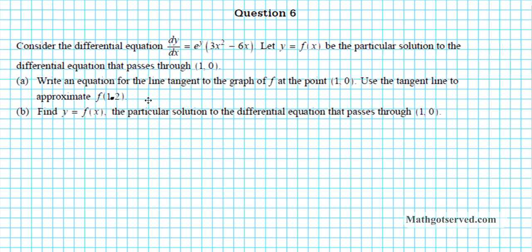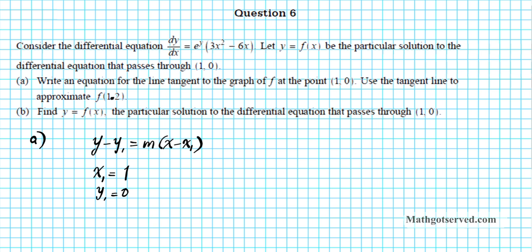So how do you write the equation of a line? We can use the point-slope form, y minus y1 equals m times x minus x1, where the line goes through the point (x1, y1). So in this case, we have the point (1, 0), so that tells us automatically that x1 is 1 and y1 is 0.